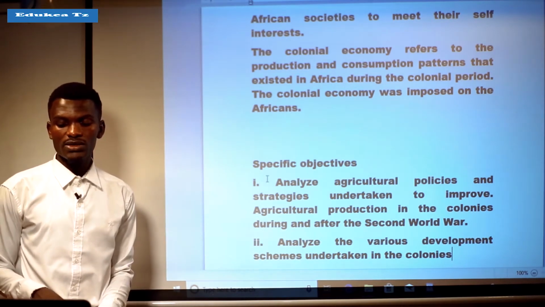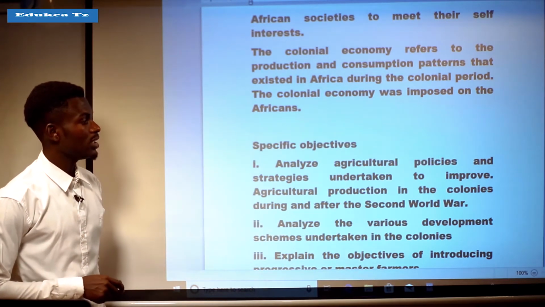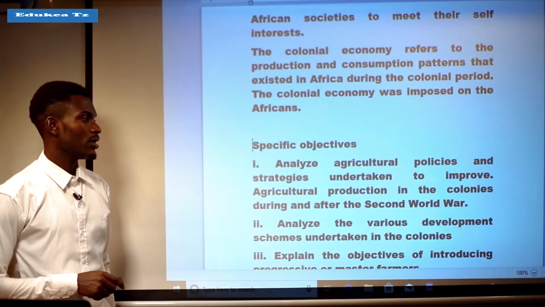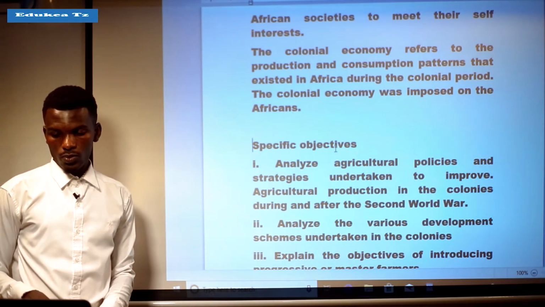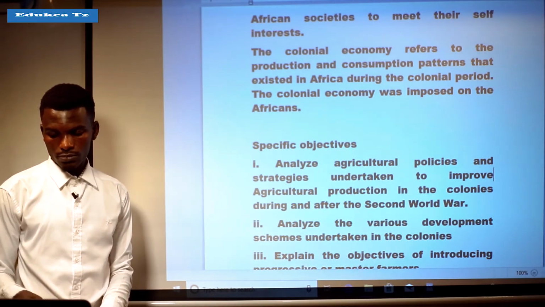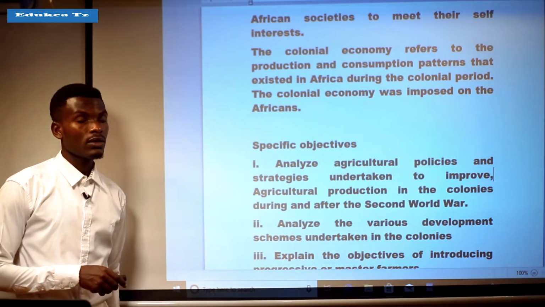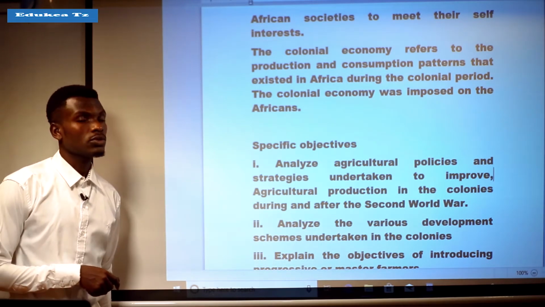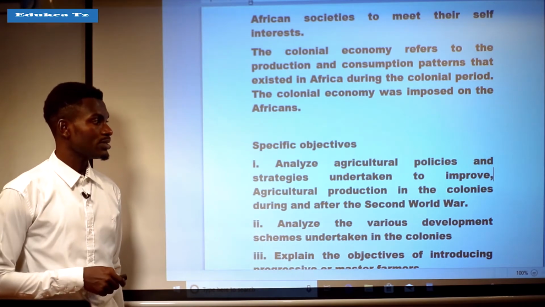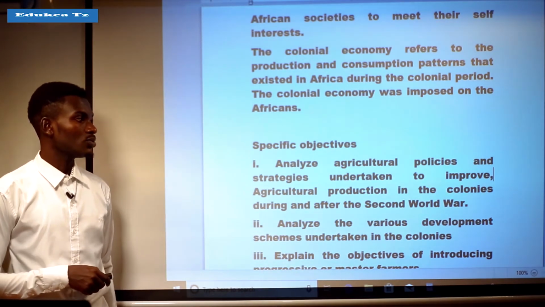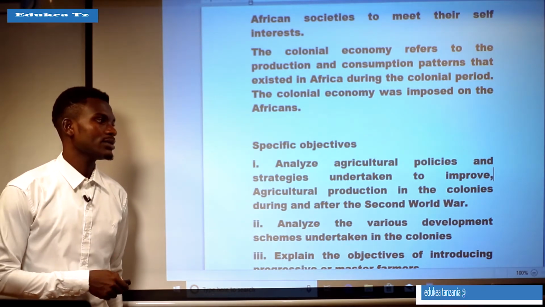Among the specific objectives were to analyze agricultural policies and the strategies undertaken to improve agricultural production in the colonies during and after the Second World War.